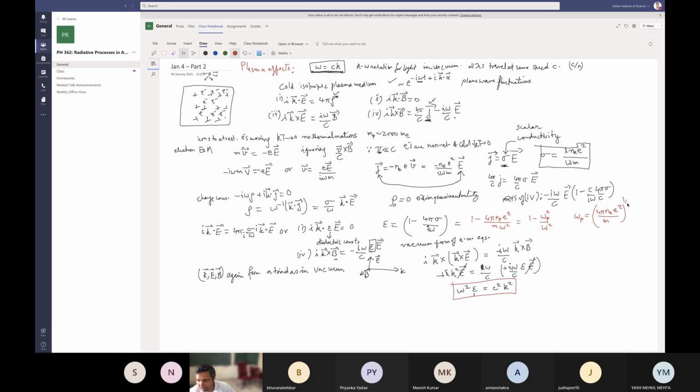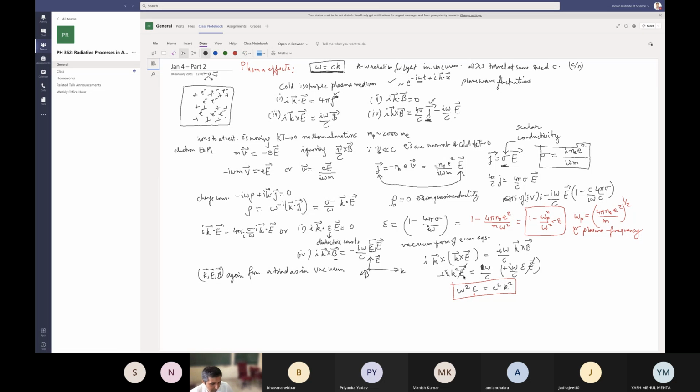This is the electron plasma frequency. So this is an important relation. This is the plasma dispersion. This is the plasma dielectric constant for this particular isotropic unmagnetized plasma.